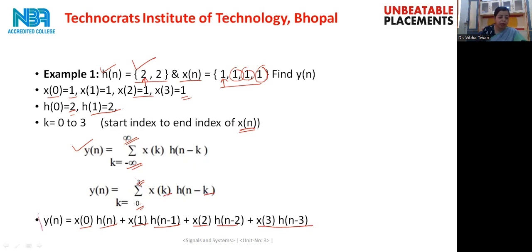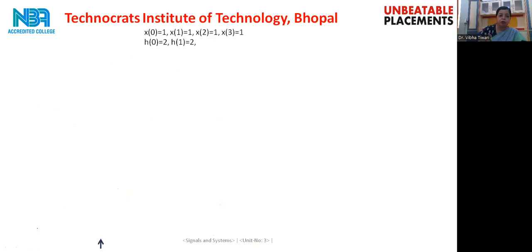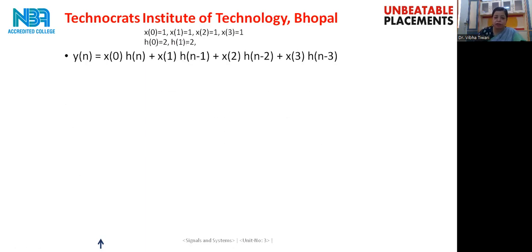So for calculating the output, we have to calculate this response. We already have the values of x[0], x[1], x[2], x[3], and similarly h[0] and h[1]. Now let us start substituting these values in the formula for y[n].